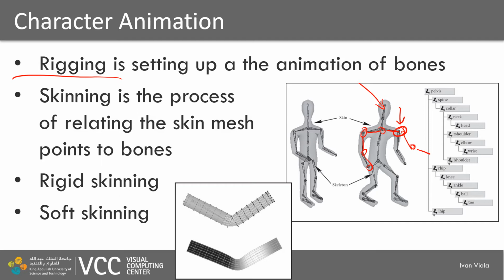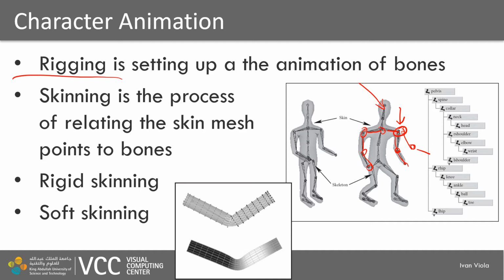Therefore, we need to establish some relationship between the bones and the skin. And this relationship is partially inspired by human nature. So, for example, we can have various ways how we associate the skin to a particular bone.